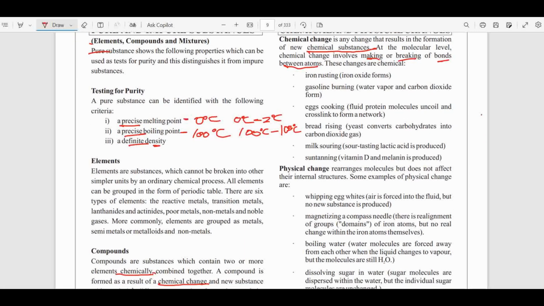You have different examples, for example, the rusting of iron, which forms iron oxide. In rusting, you have iron plus oxygen, and that will produce iron(III) oxide, Fe2O3.